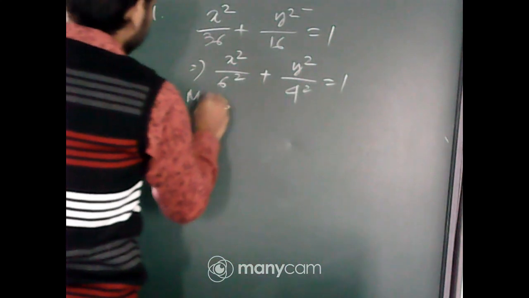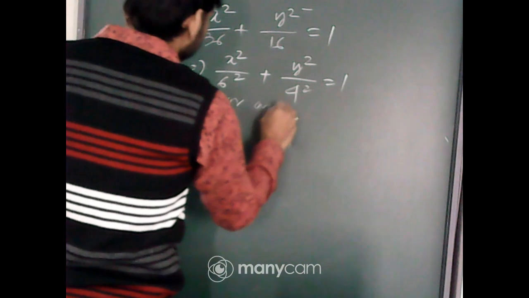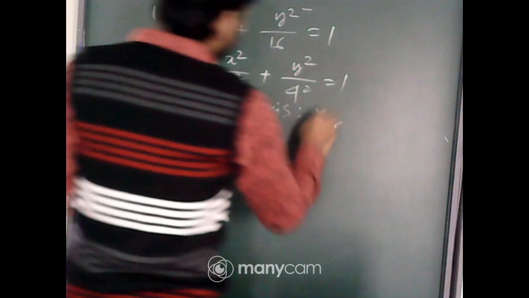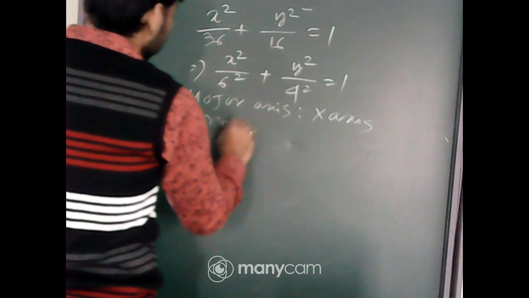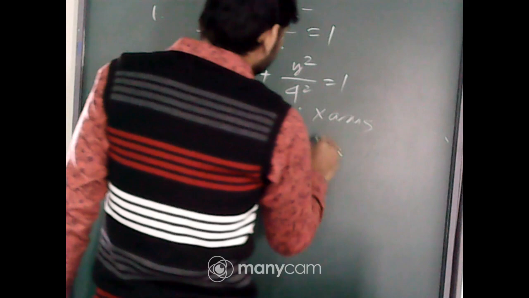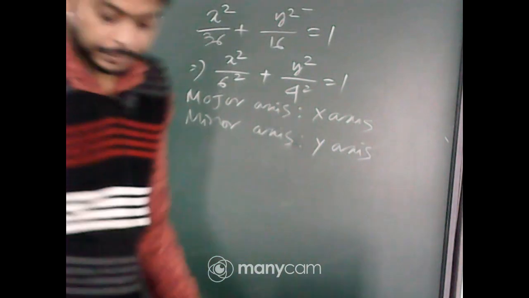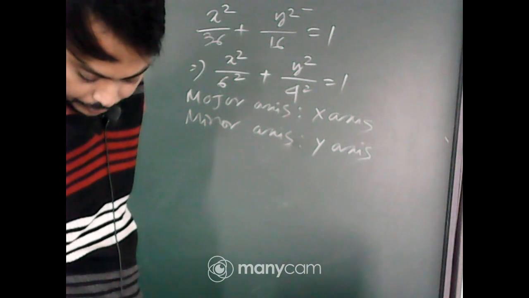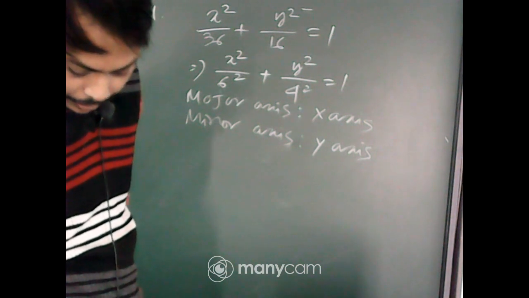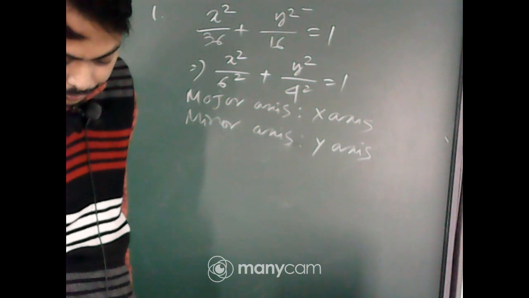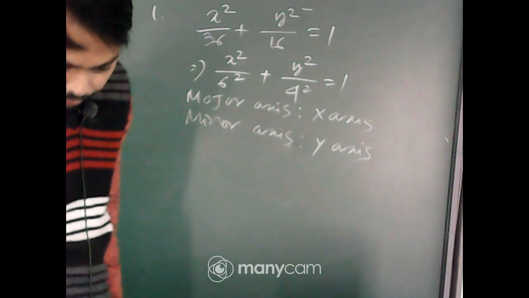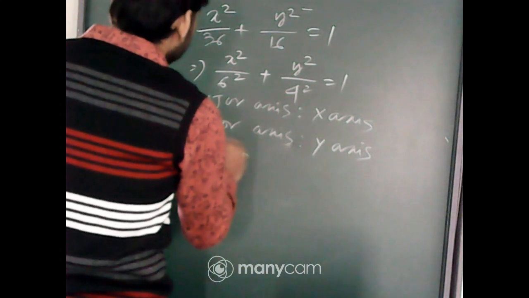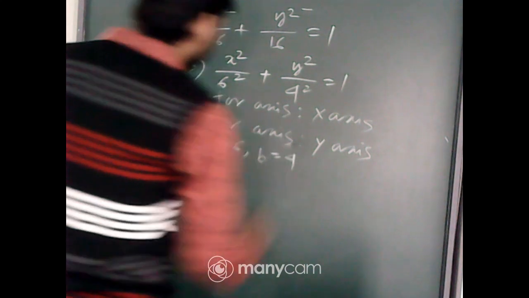So here the major axis is the x axis and the minor axis is the y axis, isn't it? Do you agree with me? Okay, so a equals to 6 and b equals to 4.